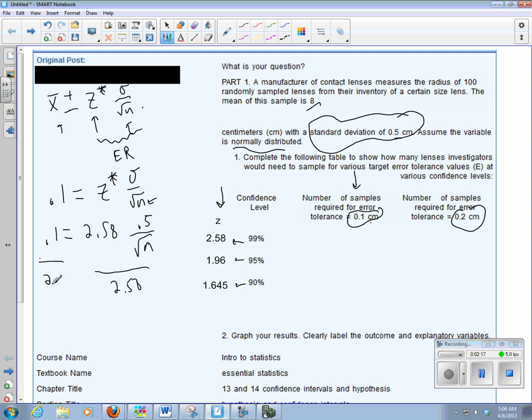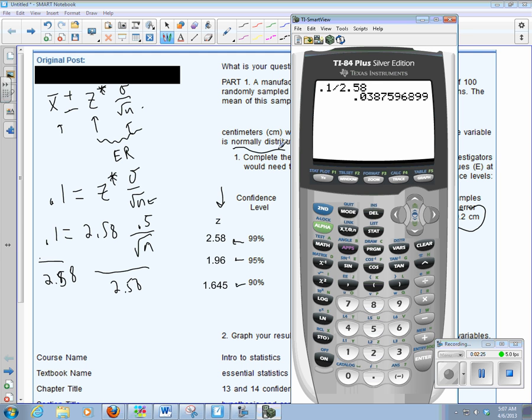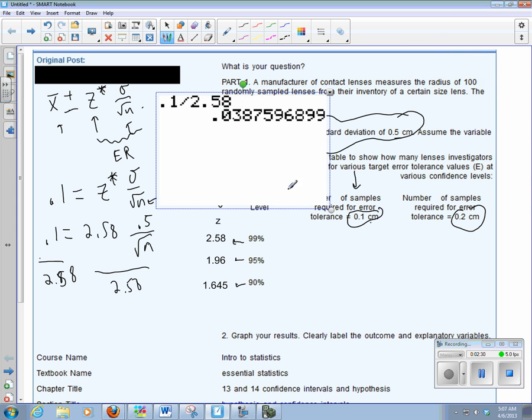I calculated that on my calculator earlier. That leaves me 0.0388 rounded, over 1, equals 0.5 over the square root of n.